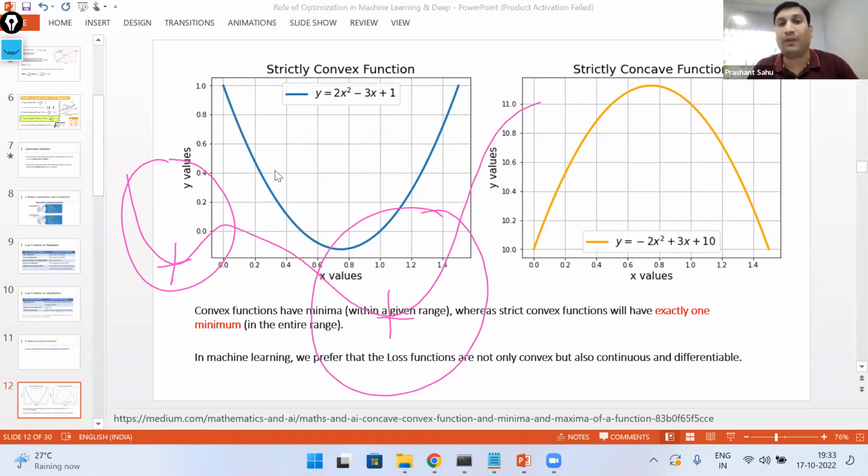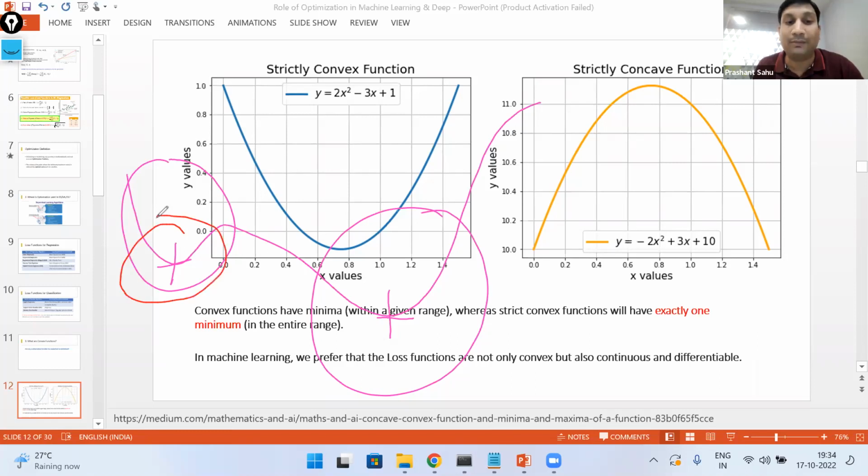So this is sort of a convex function, but a strictly convex function will have exactly one minima in the entire range of the x values, right? The one which I have drawn in this slide. Okay, so that is your strictly convex function having exactly one point of minimum. So in machine learning, we prefer those kinds of strictly convex functions, because if you have multiple maxima and minima, the problem is your algorithm might get stuck in these local maxima and minima, which is what we do not want.